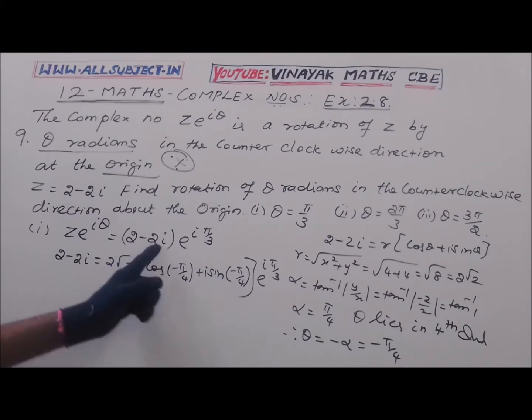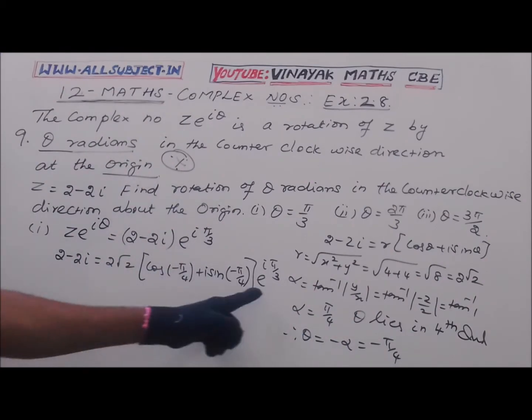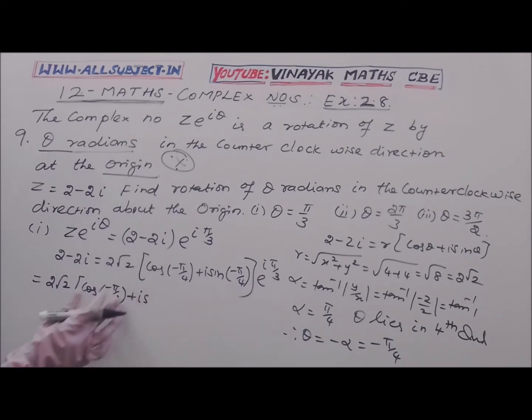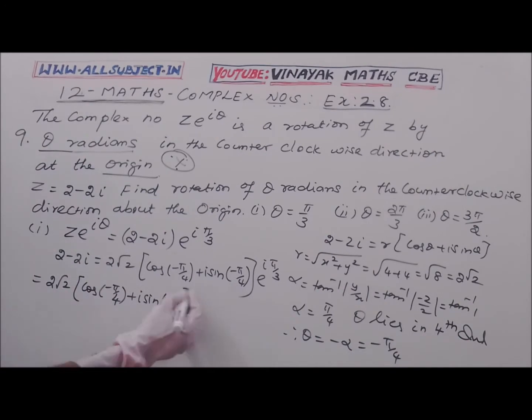So I have written 2 minus 2i in polar form and then multiplied by e power i pi by 3. Or we can convert this one as e power minus i pi by 4. That is easy to calculate.